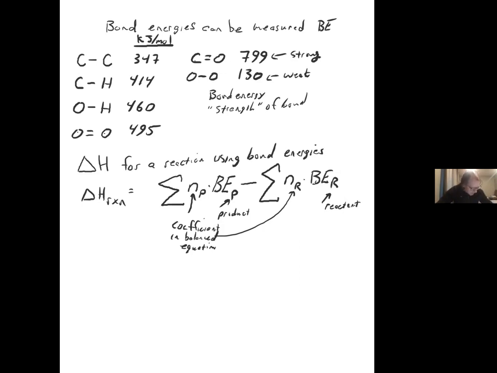I'm going to do the combustion of methane. CH4 is methane. Methane is natural gas, the primary component of natural gas. It used to be that all methane was essentially just burned off into the atmosphere.